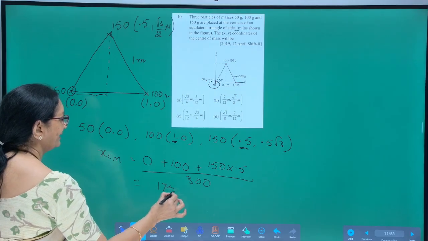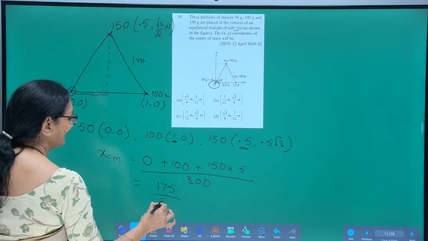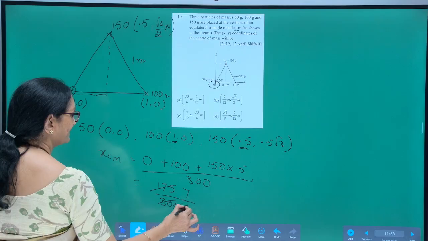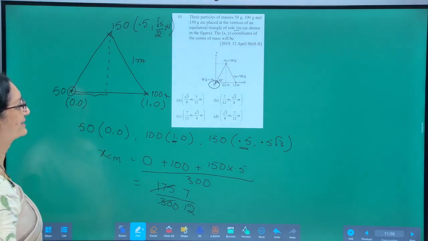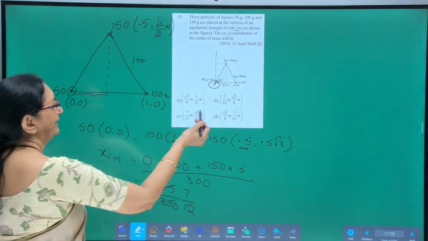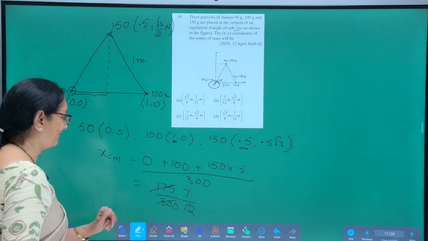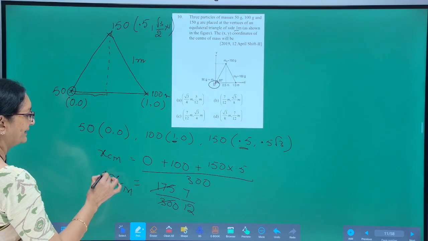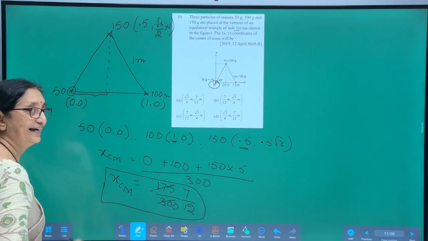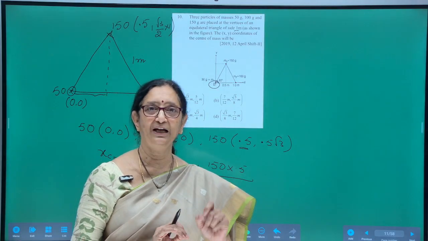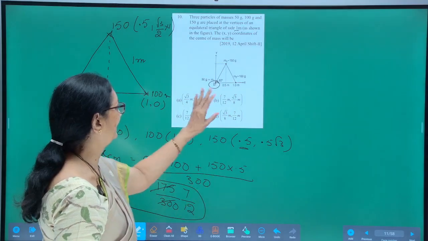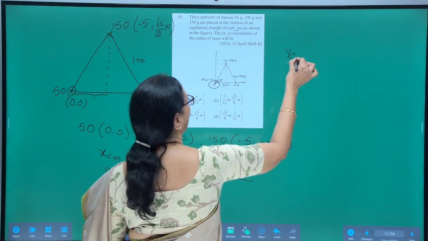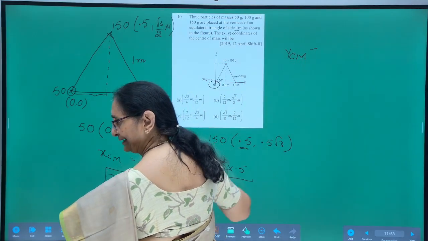So, 175 by 300. So, 25, 7 times, 12 times. So, x coordinate is 7 by 12. As there are 2 options, definitely you have to find out y coordinate also, because we cannot straight away pick up the right option from the 4 options given. So, again let us find out the y coordinate of center of mass.